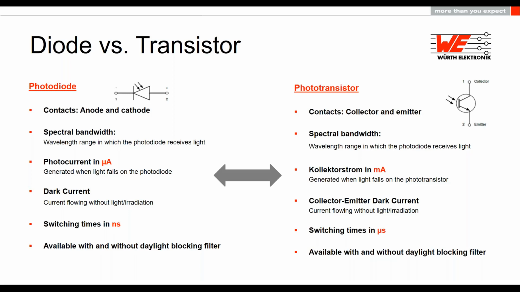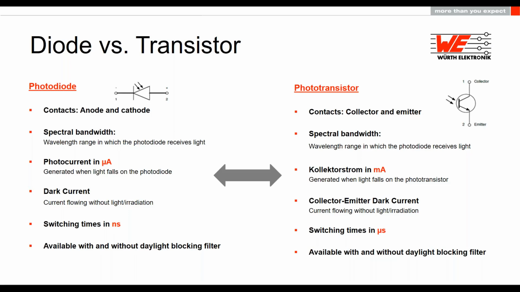On the other side, a phototransistor, which has a gain and where the photocurrent is not directly converted from the light, has a much longer switching time, in microseconds. But of course, this slower switching time is compensated by the better collection, or the better sensitivity, of a phototransistor.